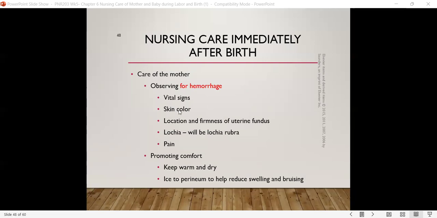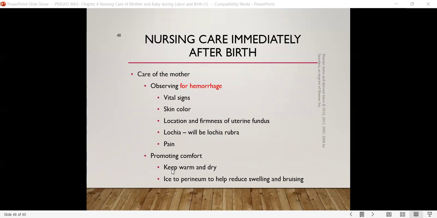Check her skin color. Is she real pale? Is she doing okay? And then, of course, for pain. The pain scale, again, making sure that you give her comfort measures. And a nice thing, too, after you deliver, you've been real sweaty during the labor and pushing stage, have a nice, clean gown.